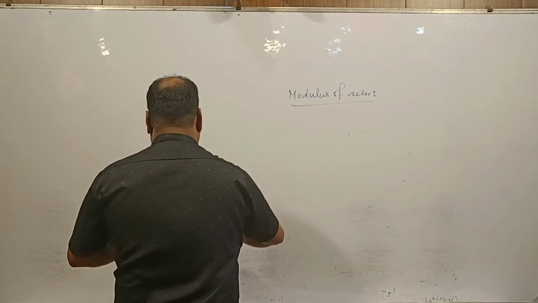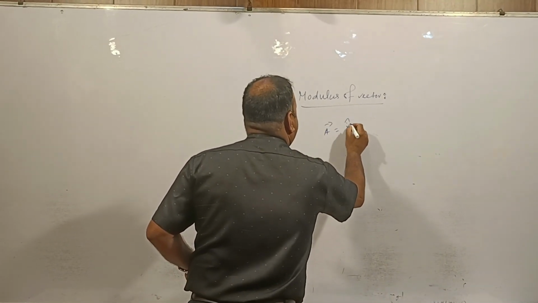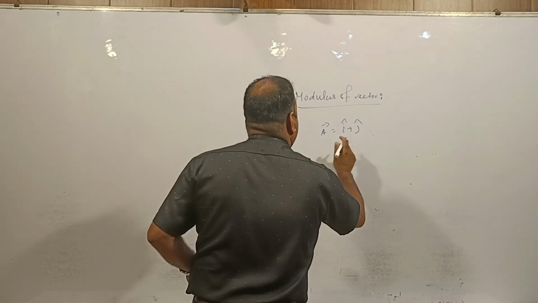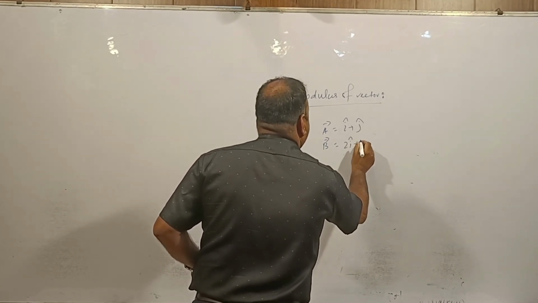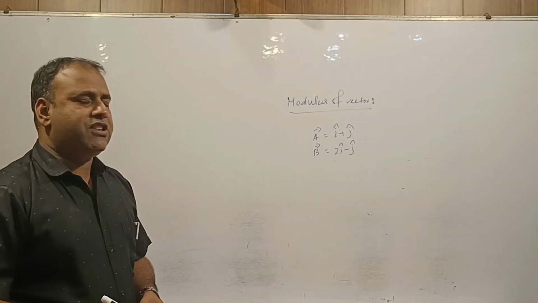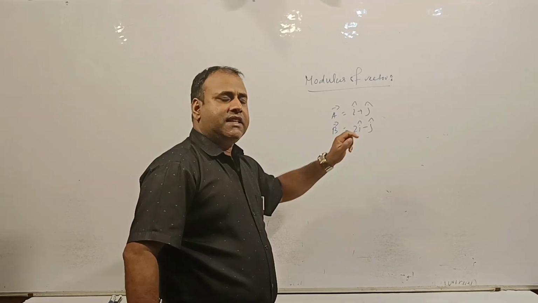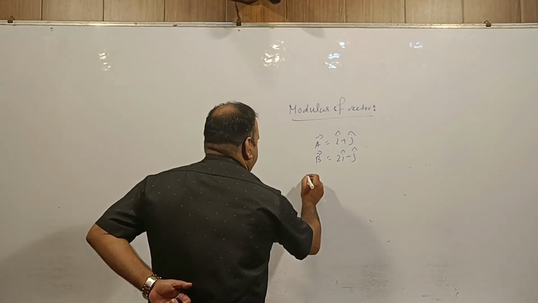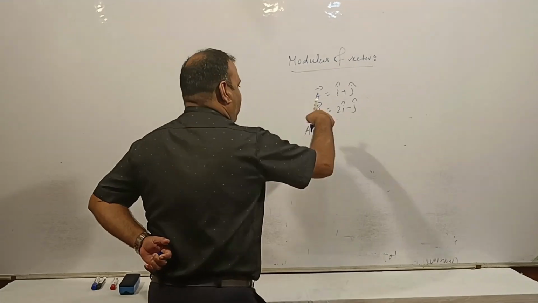Suppose A is a vector I cap plus j cap, and B is a vector 2 I cap minus j cap. So two vectors I have mentioned here. In this case, suppose A plus B. What is the value of A plus B?